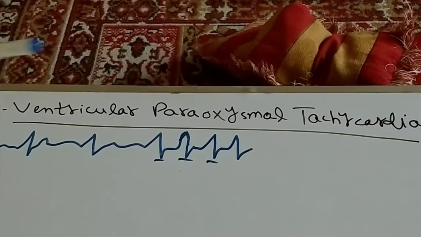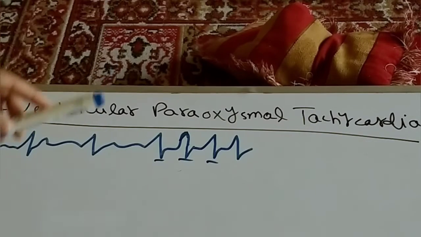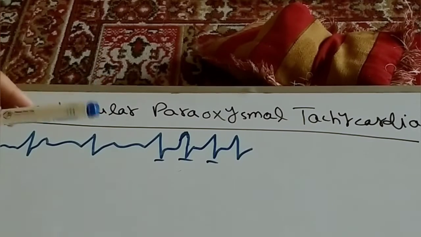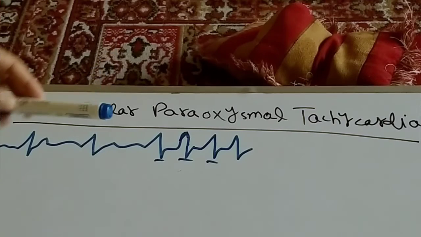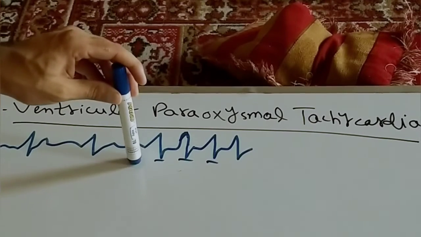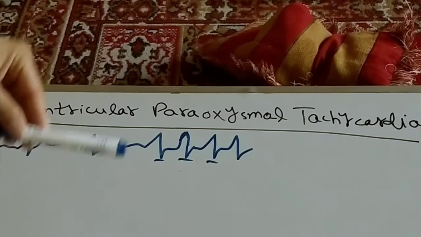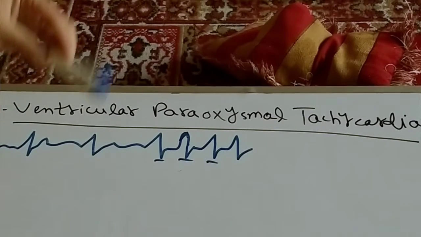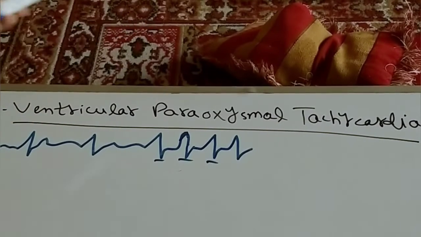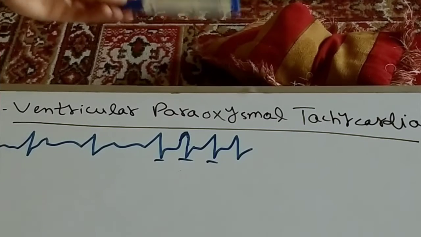Again I would repeat, normally the area that is depolarized last gets repolarized first, but here the area depolarized first is repolarized first. It should not happen in normal circumstances. Due to this abnormality, ventricular paroxysmal tachycardia occurs.